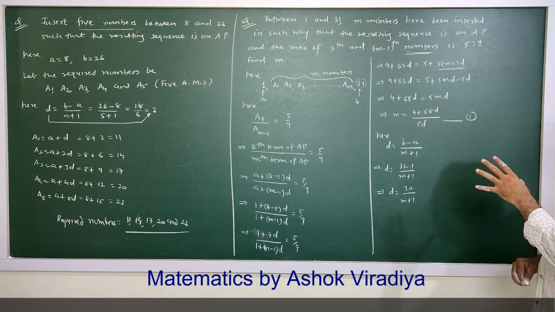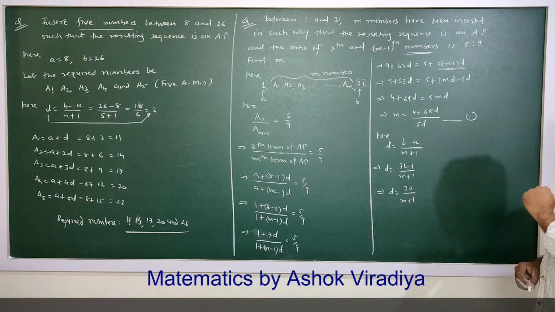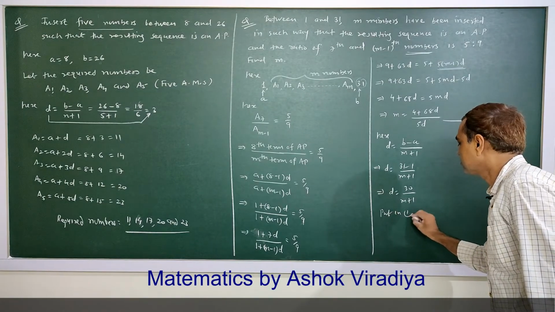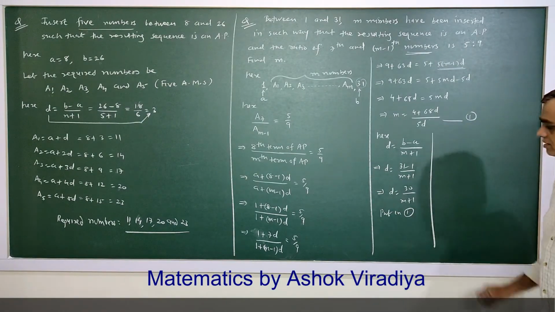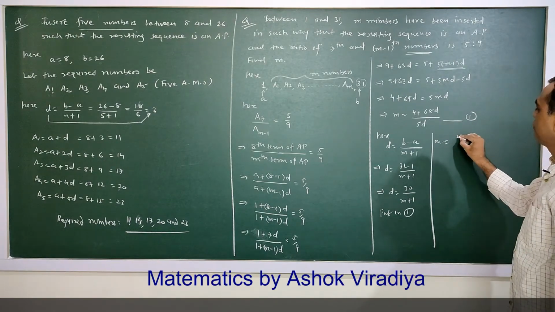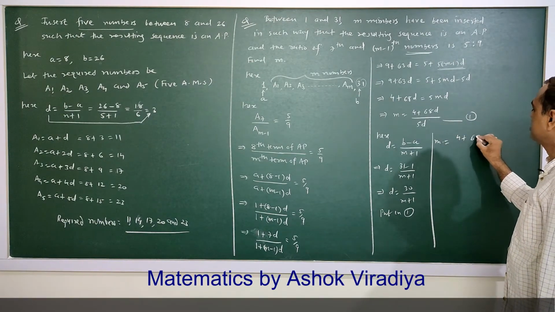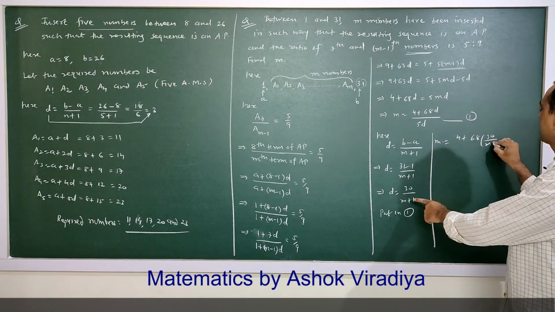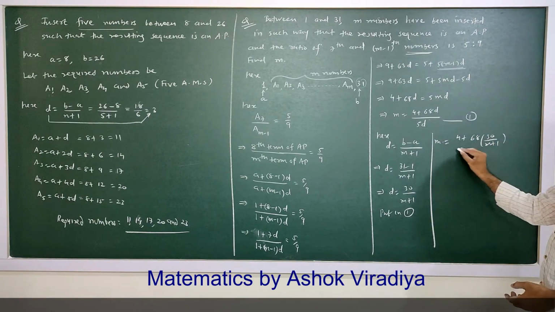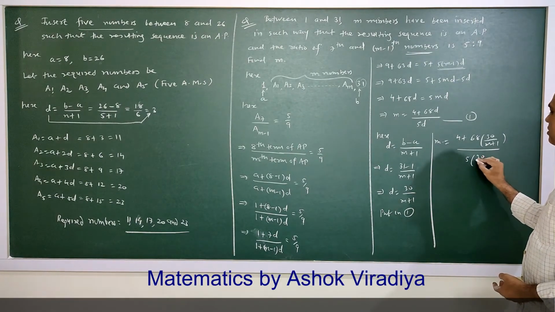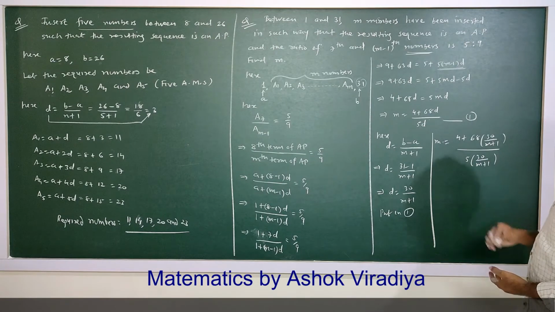So, we substitute this value in equation 1. So, putting in 1 here, M is equal to 4 plus 68 into 30 upon M plus 1, upon 5 into 30 upon M plus 1.